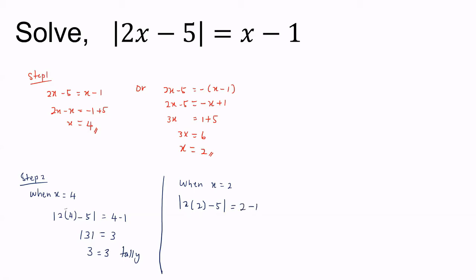So 2 times 2 is 4, and 4 minus 5 is minus 1. And 2 minus 1 is 1. As we know, the absolute function always gives a positive, so 1 equal to 1, and this tallies. Therefore, we can conclude that x equal to 4 and 2 are solutions of this absolute value equation.